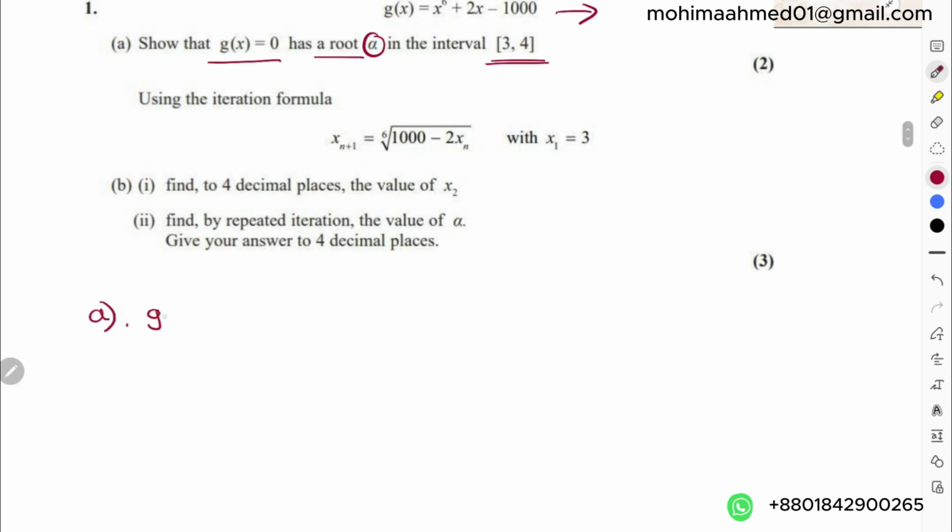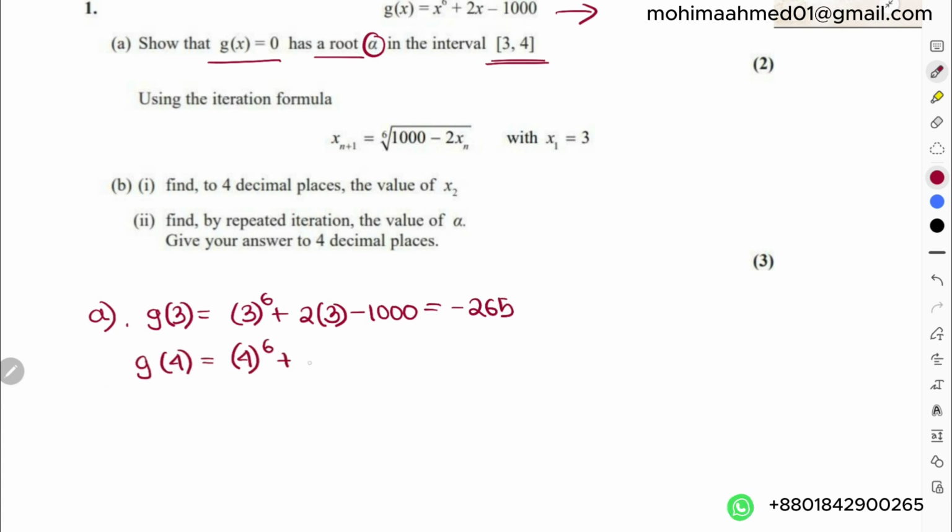So for part A, I have to calculate g3, which is going to be 3 to the power 6 plus 2 times 3 minus 1000. That is going to be minus 265, and then again g4, which is 4 to the power 6 plus 2 times 4 minus 1000. This is going to be 3104, right?